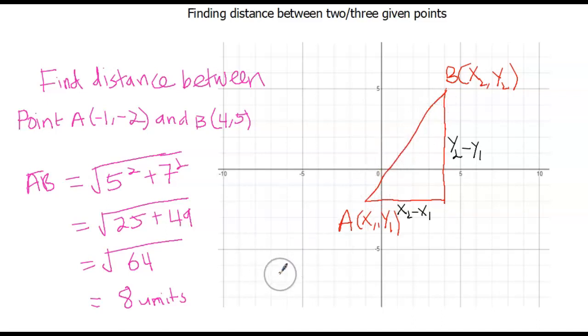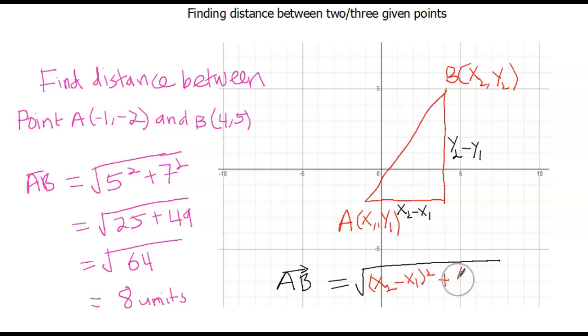So we can say that anytime we are looking for the distance between two points, the length AB is just the square root of x2 minus x1, all squared, plus y2 minus y1, all squared.